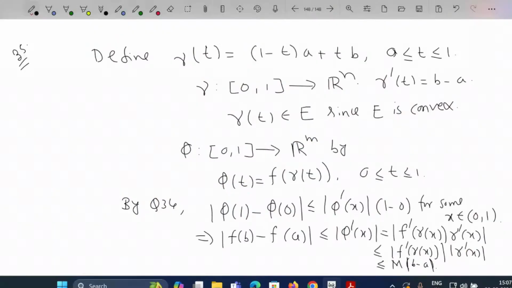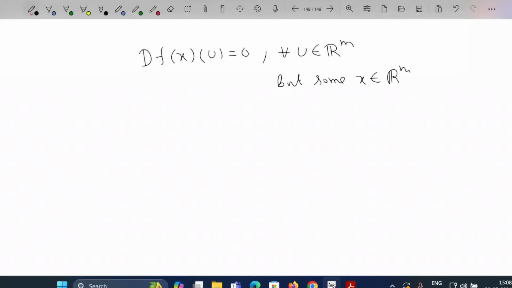We have Df(x)u equal to 0. It is true for all u belonging to Rn, but for some x belonging to Rn. So be careful. This is your matrix from Rn to Rn.